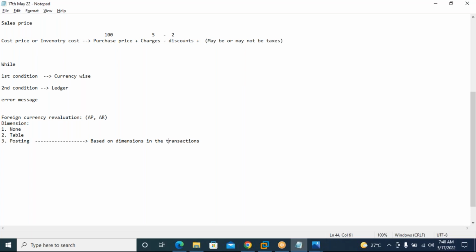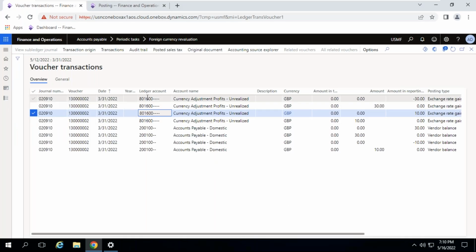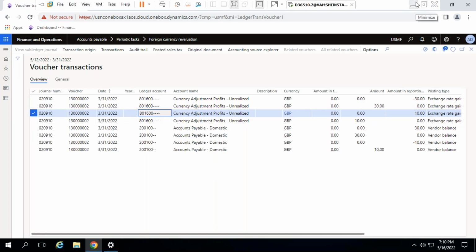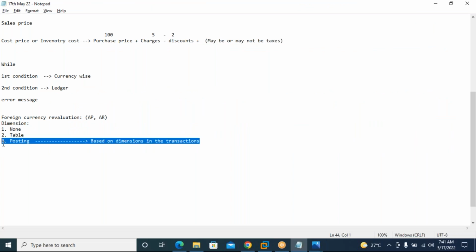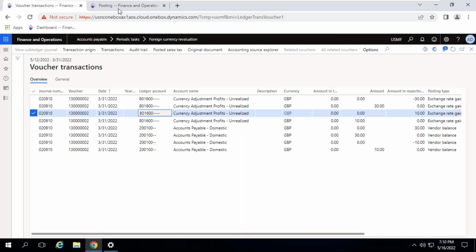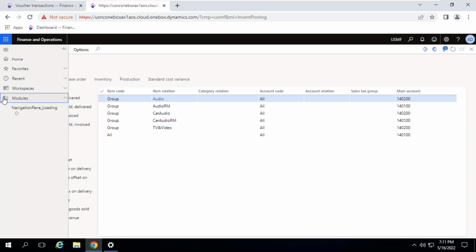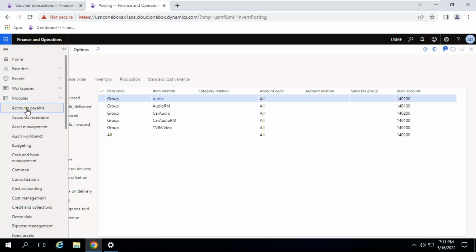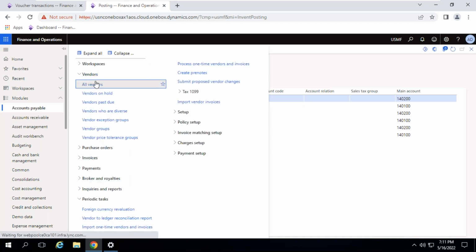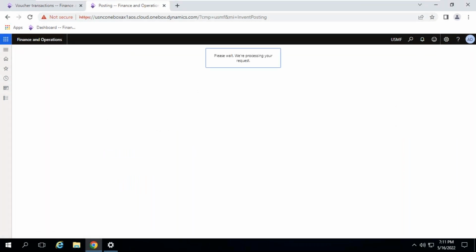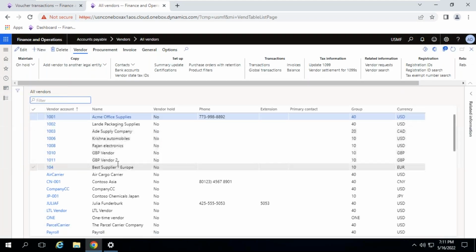Understood? While doing foreign currency revaluation, if you want dimensions to be captured based on the transaction dimensions, go to accounts payable, vendors, all vendors, suppose GBP2 vendor.